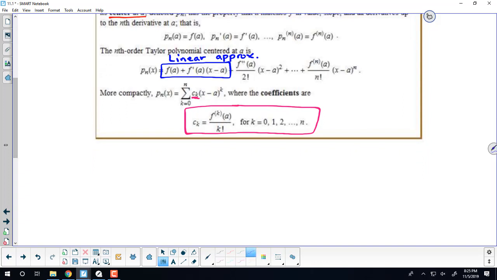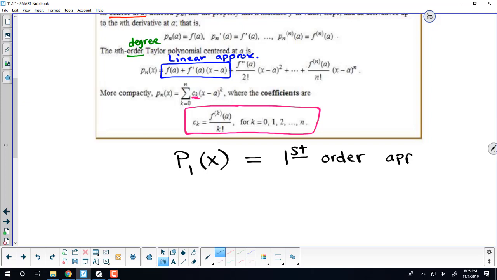So think about the order as the degree of the polynomial. And so p sub 1 of x is the first order approximation, the first order polynomial, which of course we know is just linear.